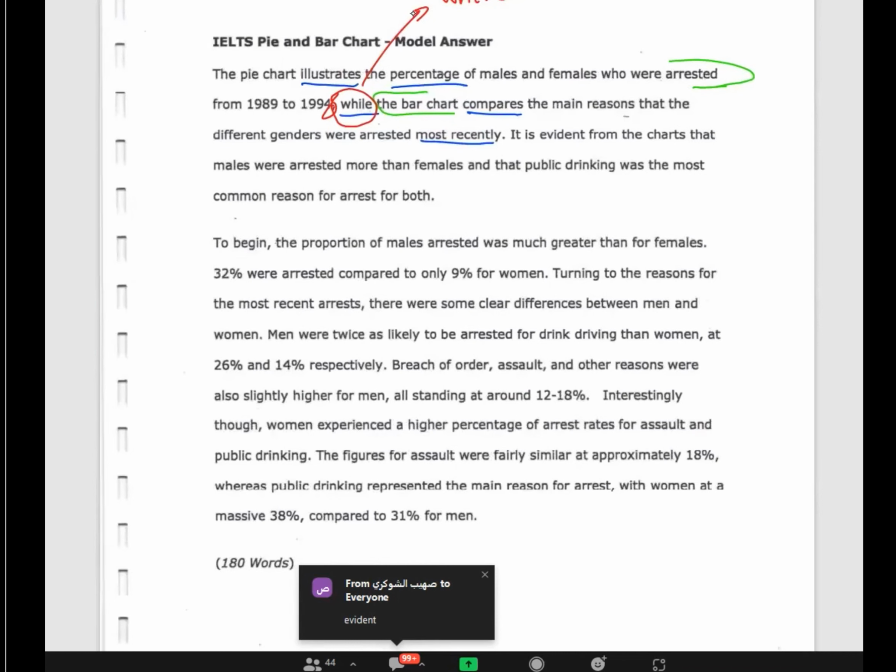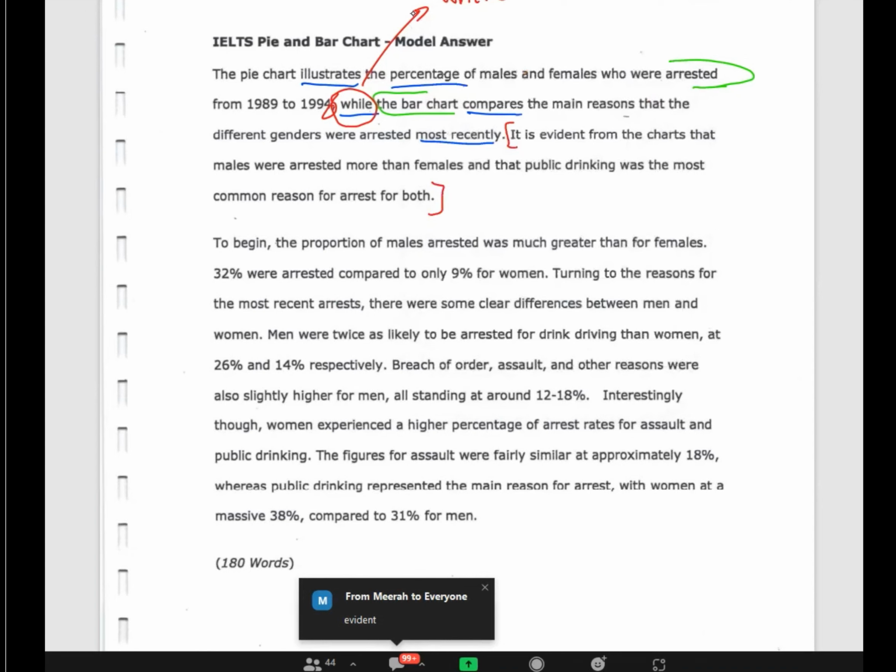Where does the overview sentence start from? Very good, from here. It is evident till here. You can say, in general, it is evident.